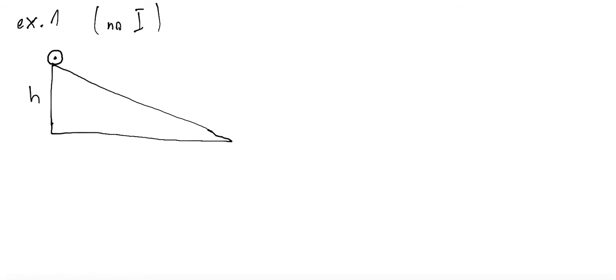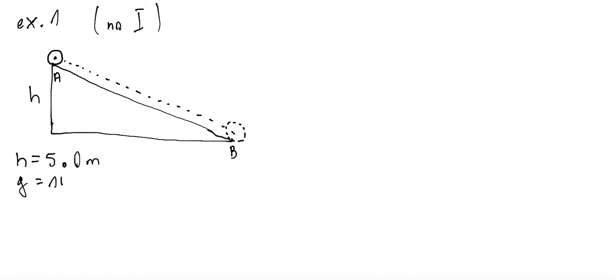And this cylinder rolls down, and your task is to find its speed down the slope. So let's imagine the top is point A and down is point B. And the height is given, let's say 5 meters, and use g equals 10 meters per second squared.